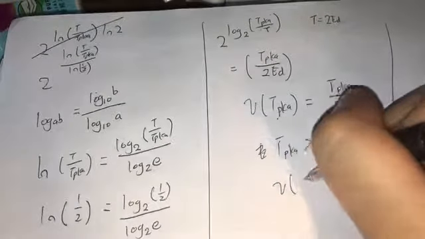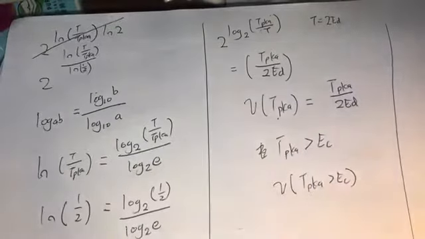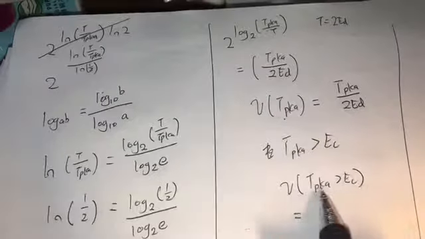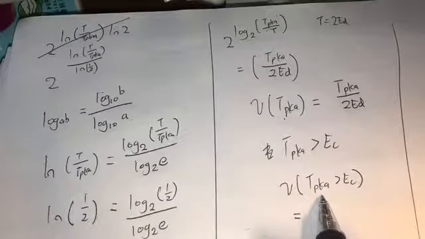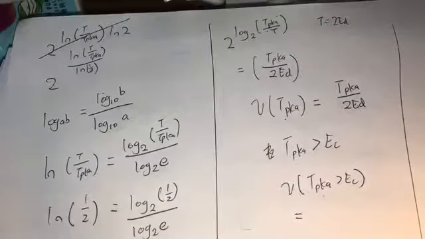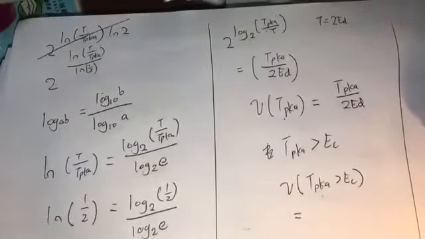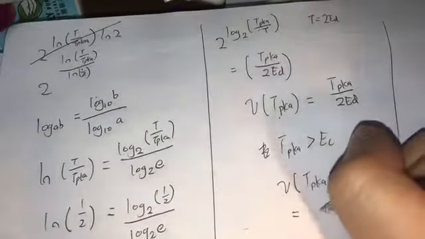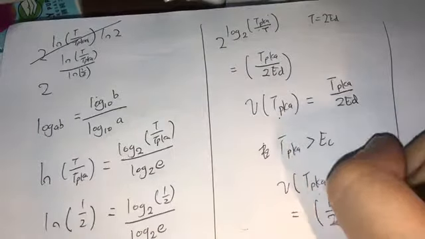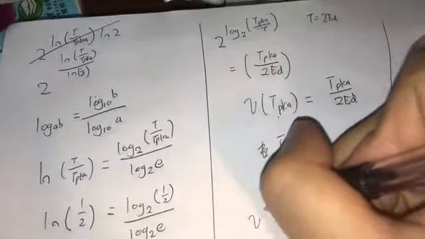So V of T pKa more than EC, where T pKa is the kinetic energy of the primary knock-on atom, more than the electronic stopping threshold, that will simply be equal to EC over 2ED. Now we have derived that.